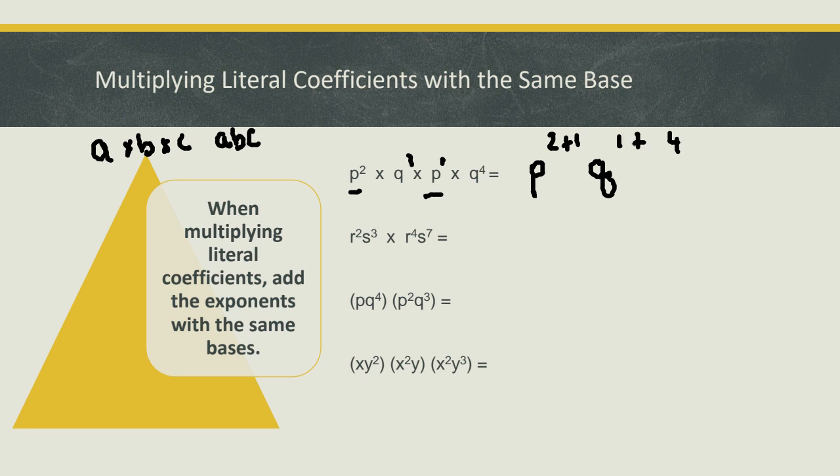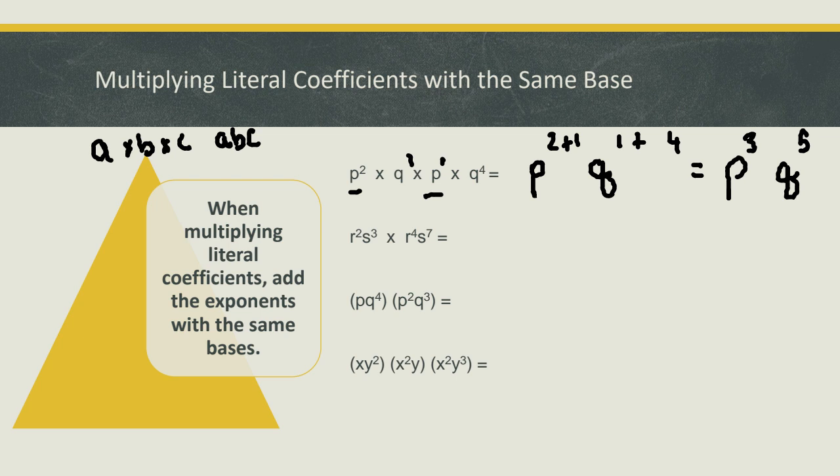So I'm going to end up with a P cubed and a Q to the power of 5. So all I did was take my letters that are the same and add the exponents. In the first few examples, you'll notice I did multiplication signs, but eventually we're going to switch into brackets like we do in the next couple.